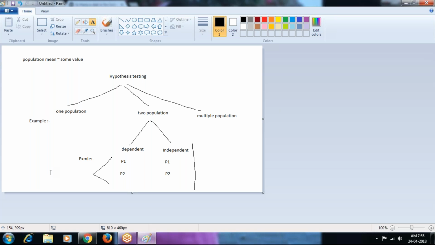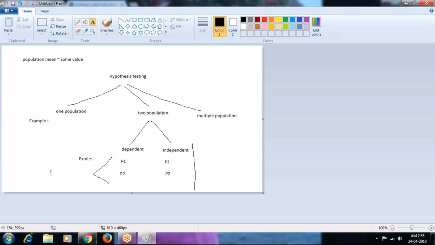It is the same population, isn't it? The population before diet control and after diet control, the same population. But the variance and mean might be changing, so it becomes two different populations with a different mean and different variance.